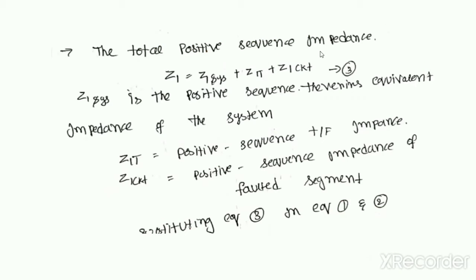The total positive sequence impedance Z1 is equal to Z1 system plus Z1 transformer plus Z1 circuit.